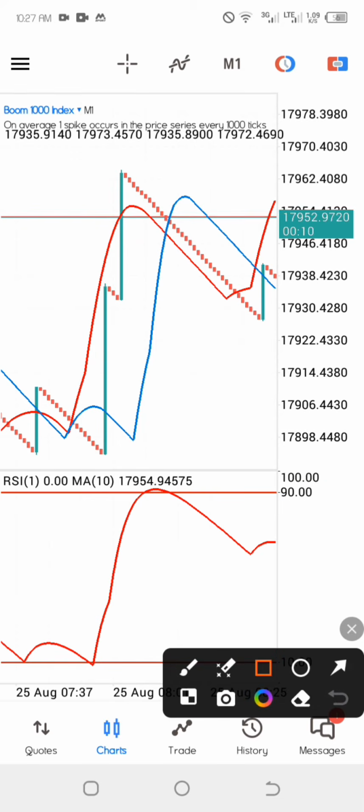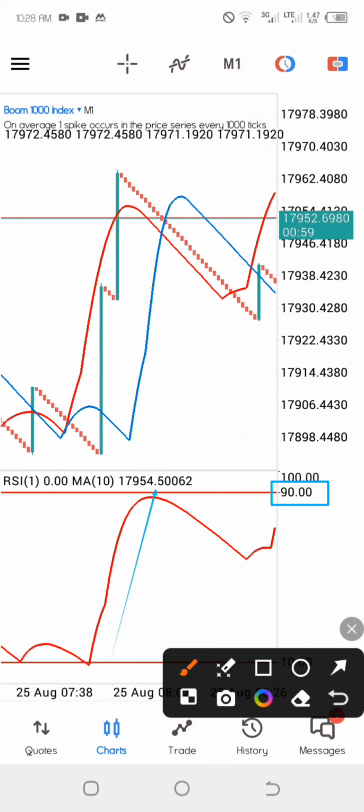It has to come to this area, the 90 level of the RSI, which you can see right here. It has to cross above the 90 level and then start going back inside of it, which you can see right here.